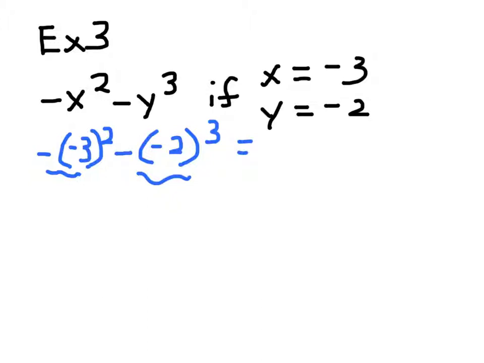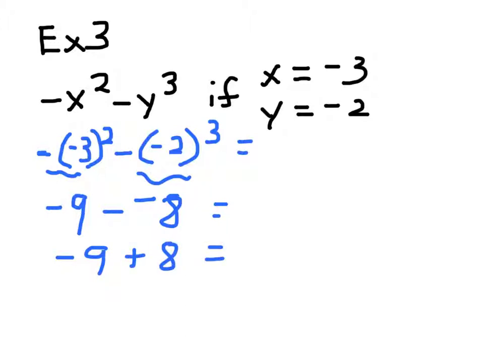So let's see, work from the inside out. A negative 3 squared, negative 3 times negative 3 is 9. Now take the opposite of 9, I get a negative 9 out of that. Minus, what's a negative 2 times a negative 2 times a negative 2? Negative 8. Right, minus minus is plus, and I get a negative 1.